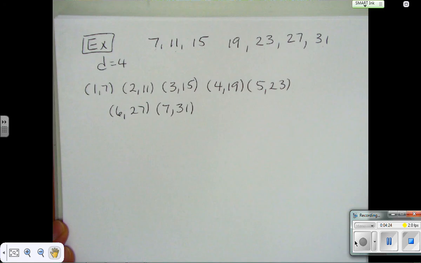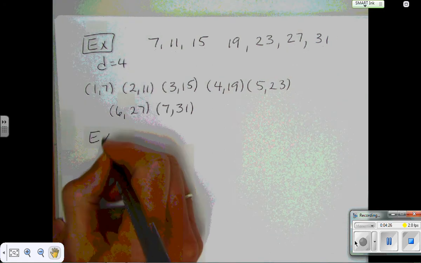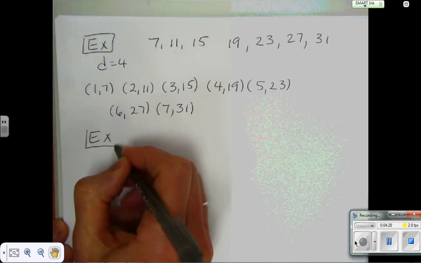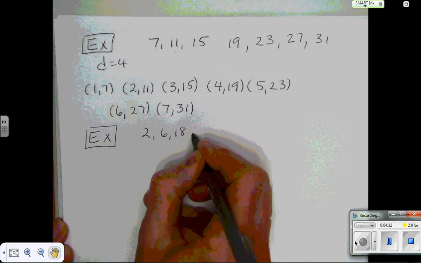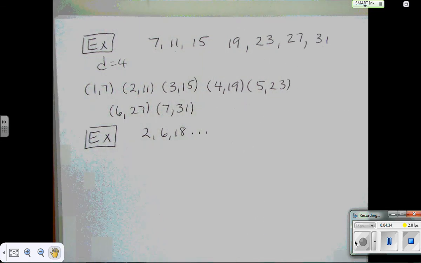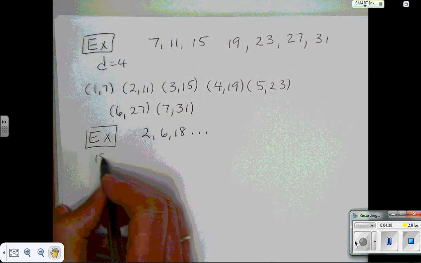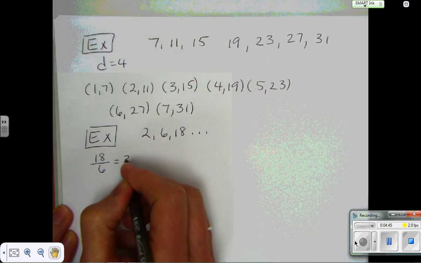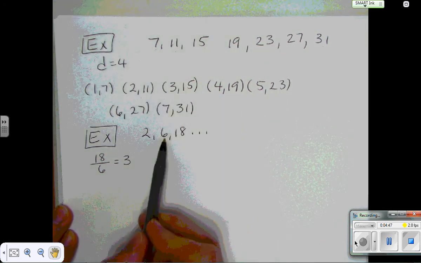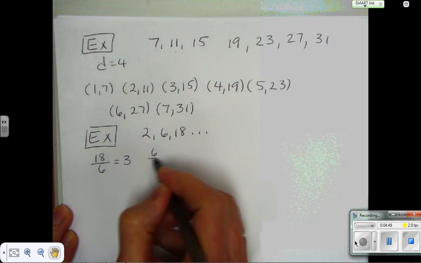Okay, so for your example, it says find the next 3 terms of the geometric sequence, 2, 6, 18, and then graph the sequence. So to get my ratio, I'm going to take the last number, divide by the number before it, 18 divided by 6, and that's going to be 3. You could take the second number, divide by the first number, just 2 consecutive numbers.